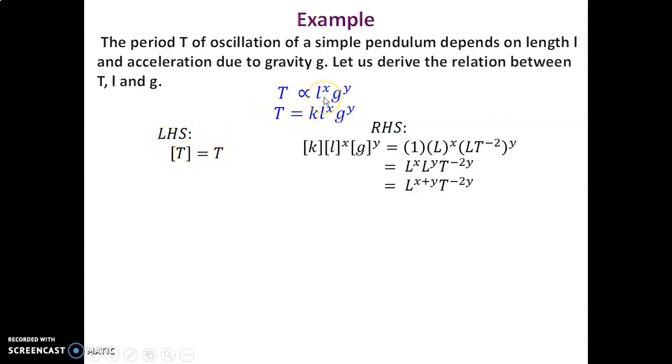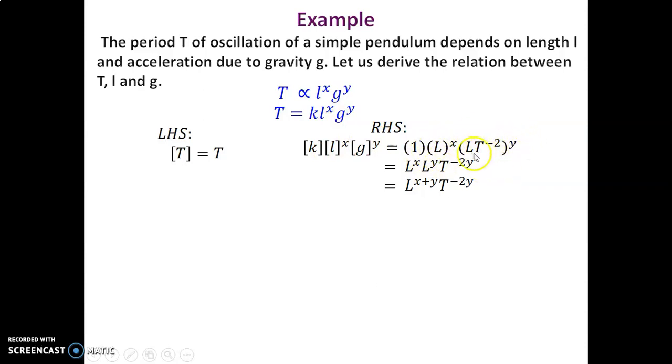Now, on the right hand side, you have to find the dimension of each particular quantity. The dimension for a constant, k, is equal to 1. The dimension for length is equal to L to the power of x. The dimension for gravitational acceleration is equal to L per T squared, to the power of y.